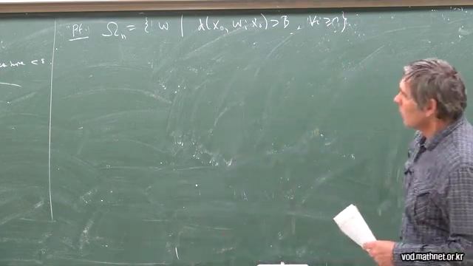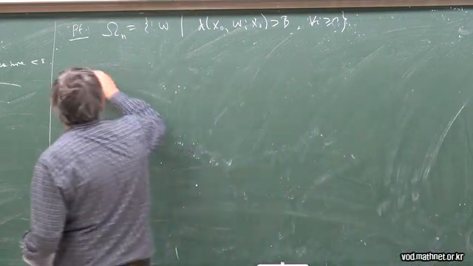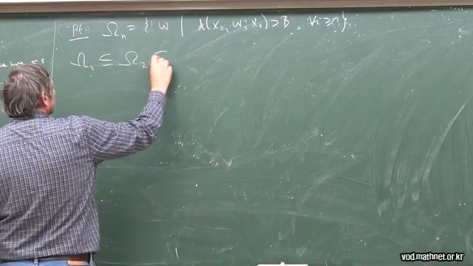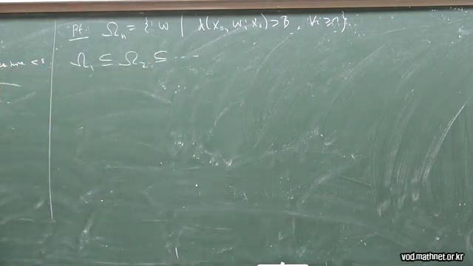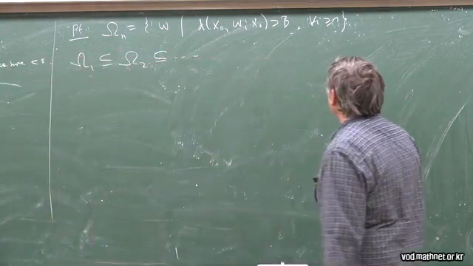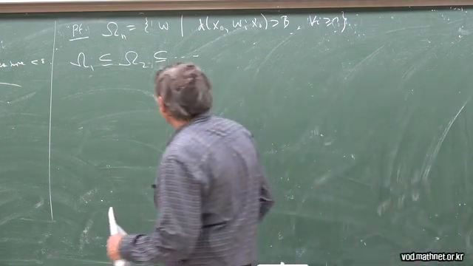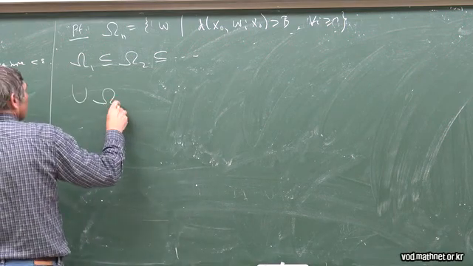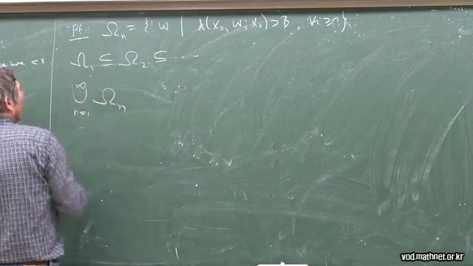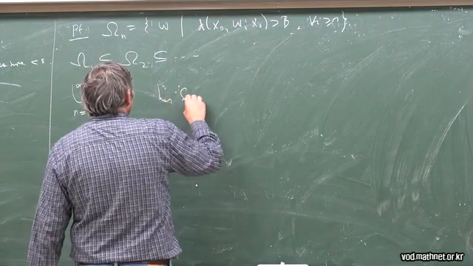Okay, so that's the complement of that set, and I'd like to know that the probability of this set goes to 1. Well, what I know is that omega_1 is contained in omega_2 and so on, right? This is an increasing sequence because when n increases, you have fewer conditions, right? And what else do I know? What do I know about the union of all these? So this has full measure, has measure 1.